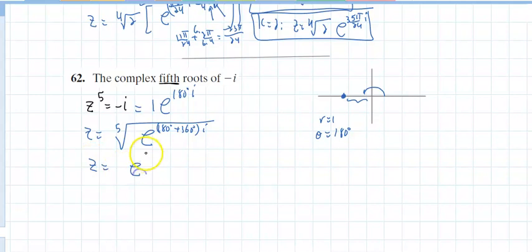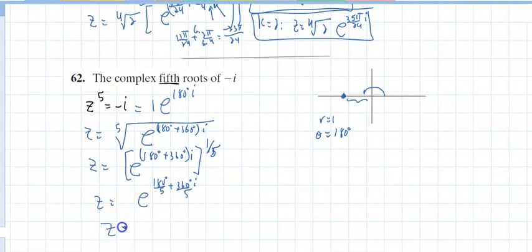I'm going to write this as e to the 180 degrees plus 360 degrees k i, all raised to the 1/5 power. And that will turn out to be e to the 180 degrees divided by 5 plus 360 degrees k over 5 i. And z will equal, now normally they call this z sub k.